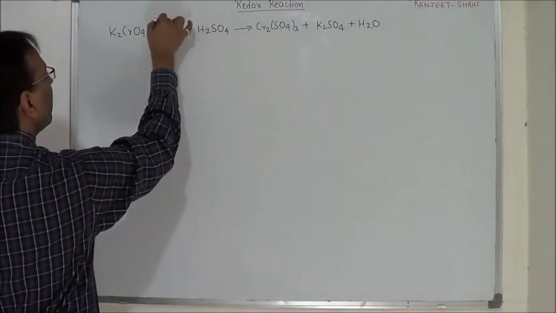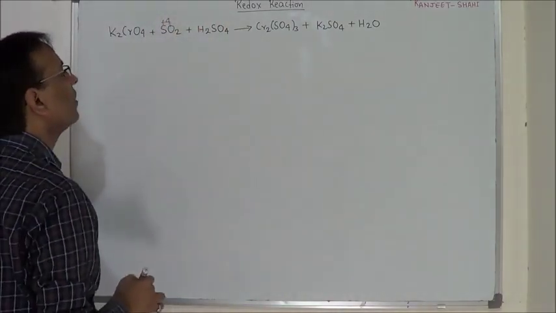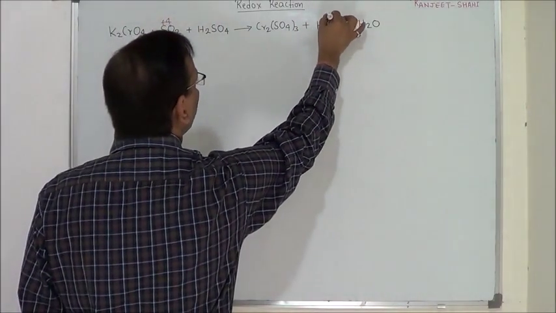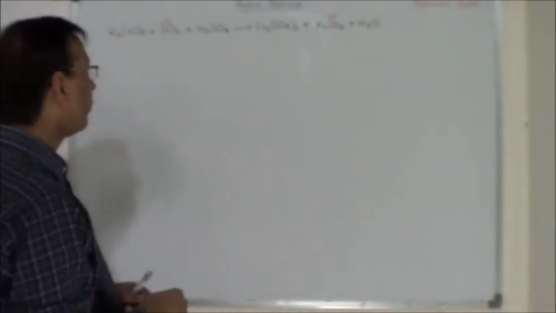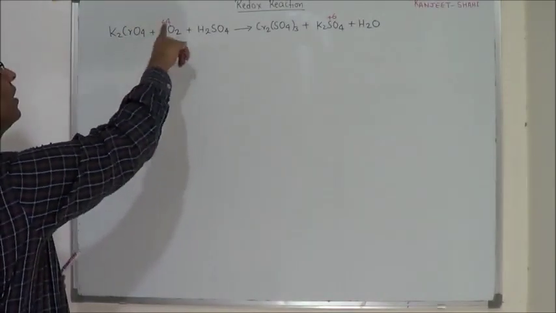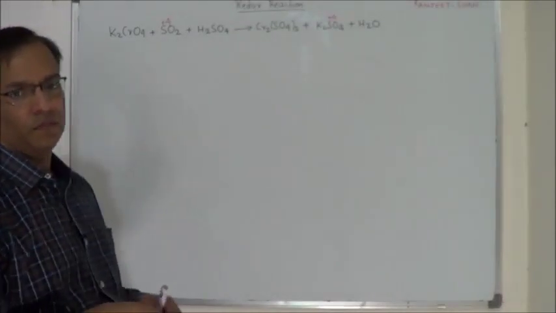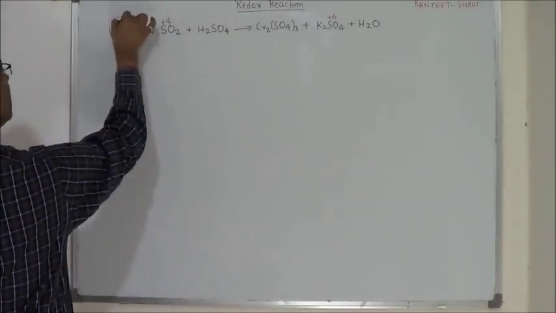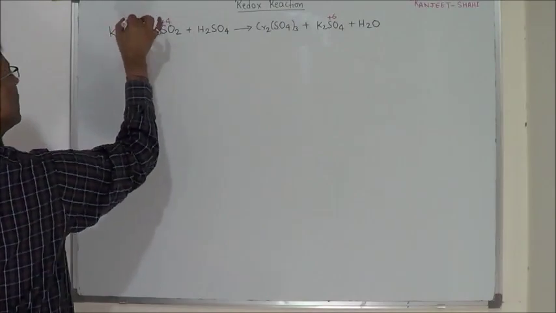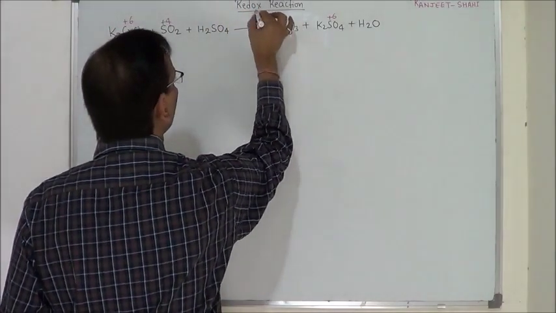And in SO2, sulfur is in +4 oxidation state. In sulfate, all sulfur are in +6 oxidation state. So sulfur of SO2 is getting oxidized, and chromium of potassium chromate is getting reduced. Chromium +6 on left side, +3 on right side.